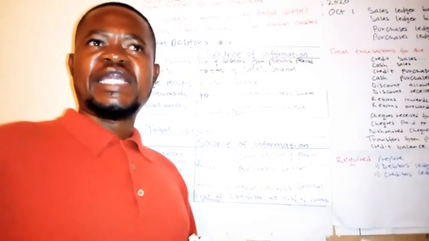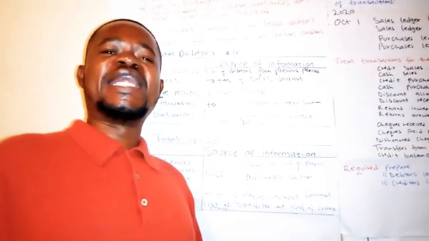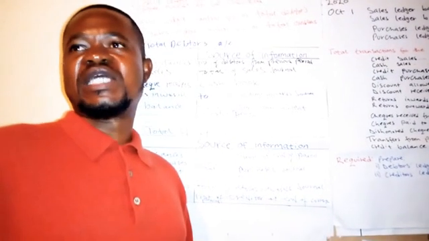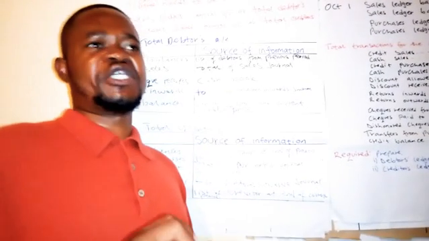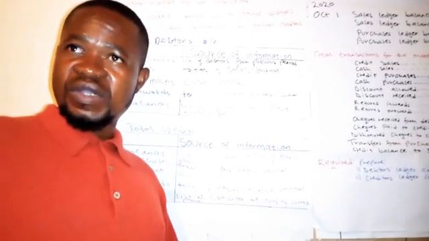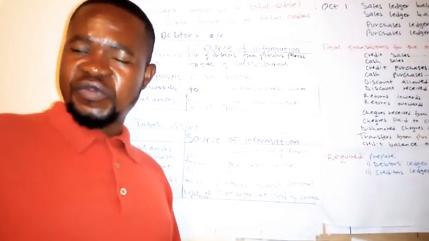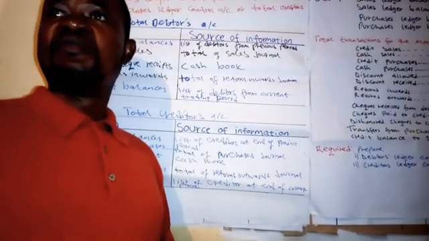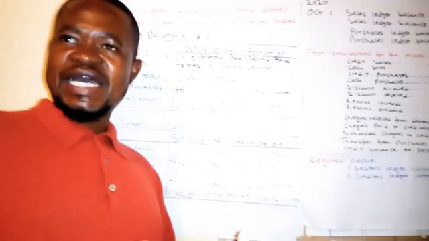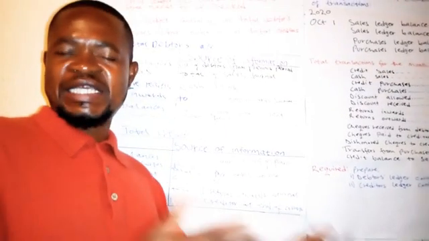Then you may also have some negative balances. Once you have such a situation, as you close off or balance off your account, you'll be forced to have two figures as your balance carried down.